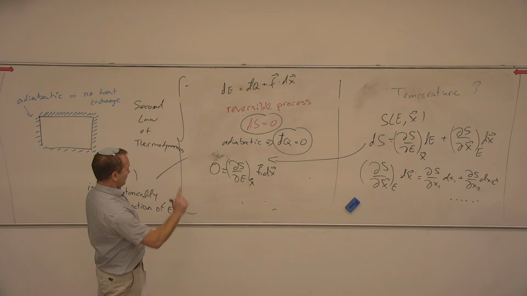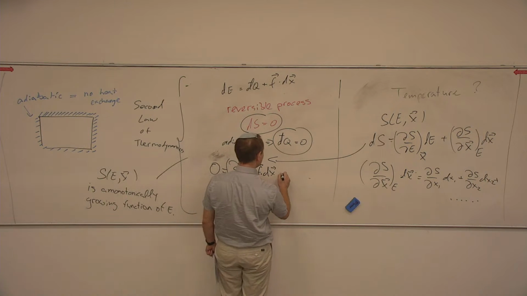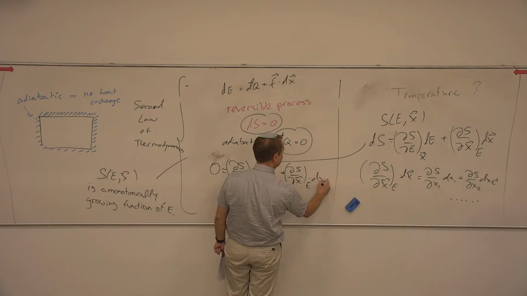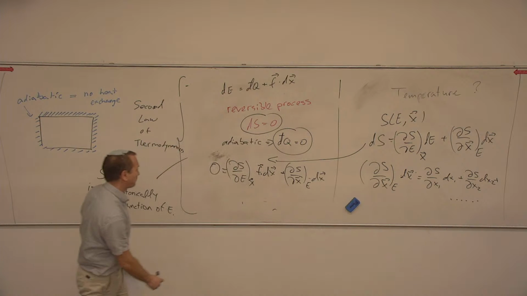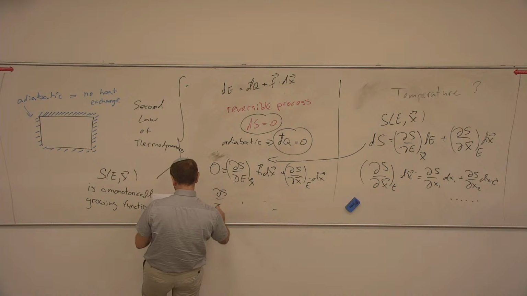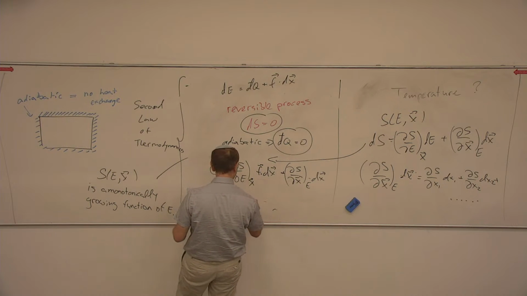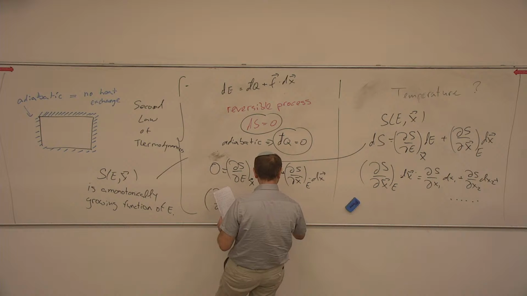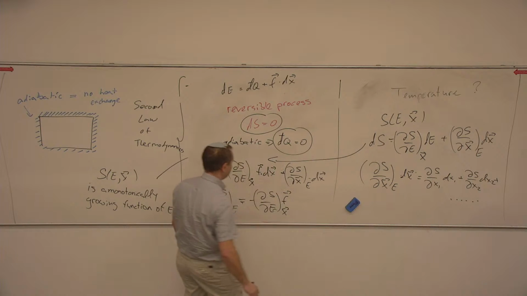Alright. This, and we also have plus ∂S/∂x at constant E dx. Right? So we got the following: ∂S/∂x of E equals minus ∂S/∂E of x times F.